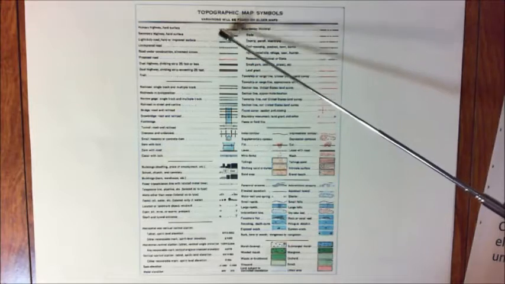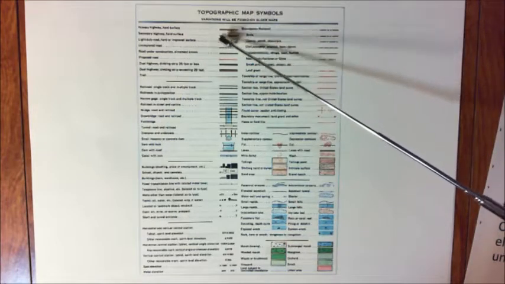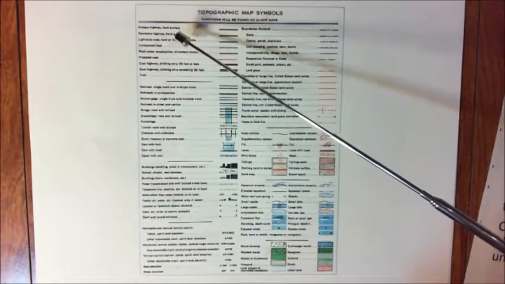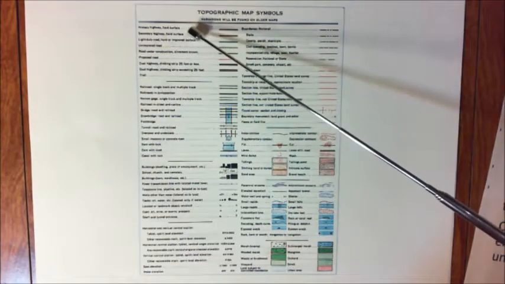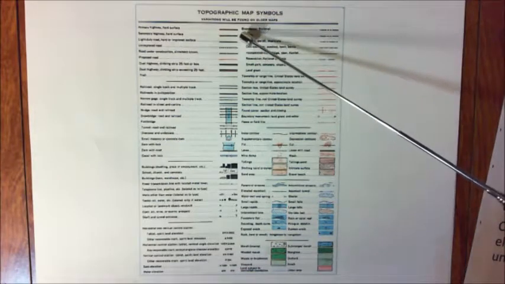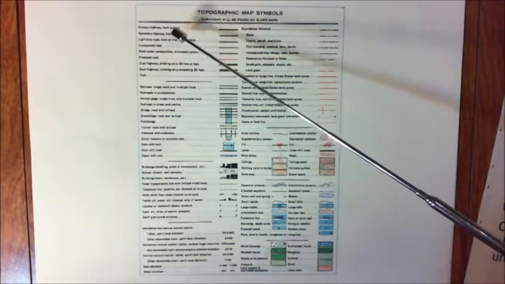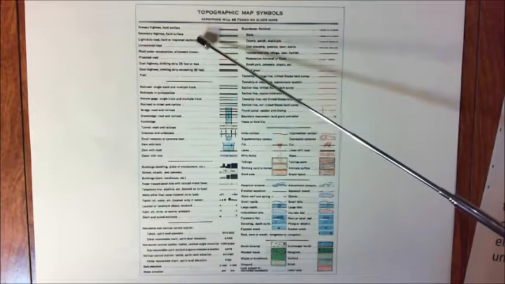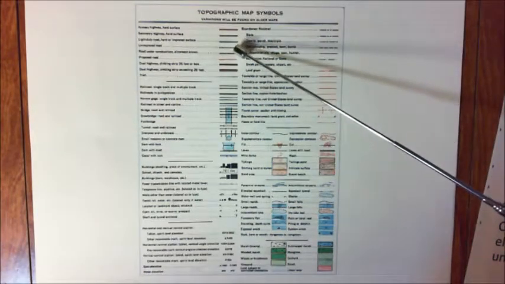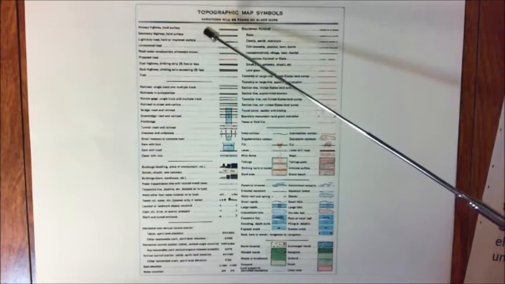A candy stripe road, I guess we'll call it, is a secondary highway, but still a hard surface. A blue line is a light duty road, hard or improved surface. A double dash line is an unimproved road.